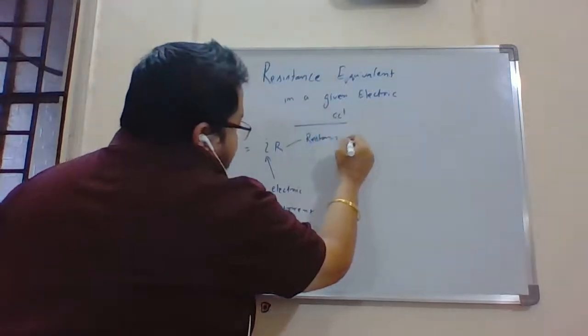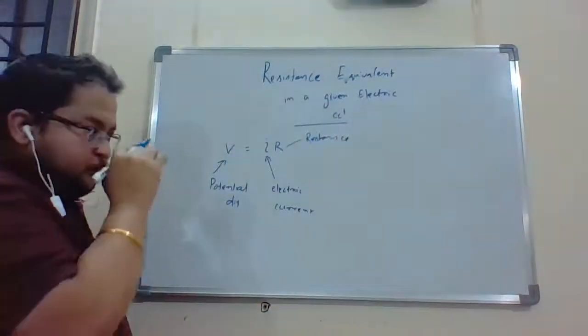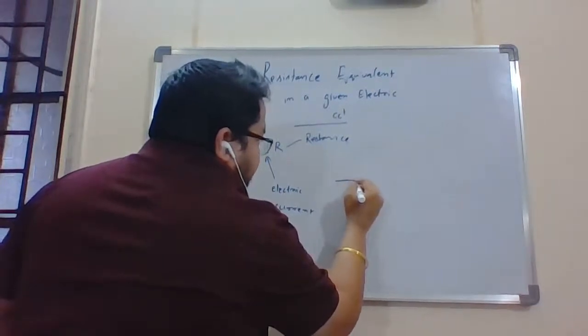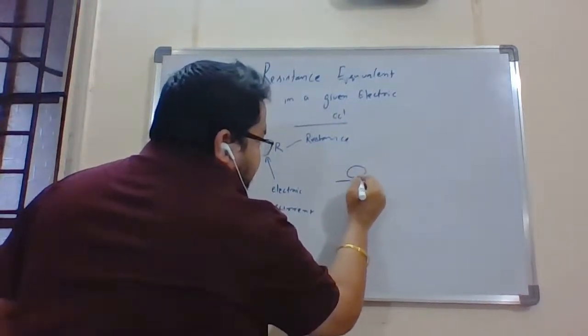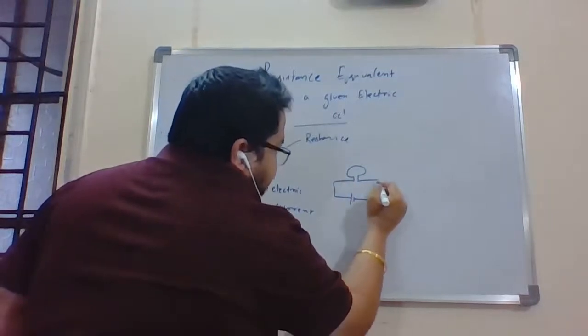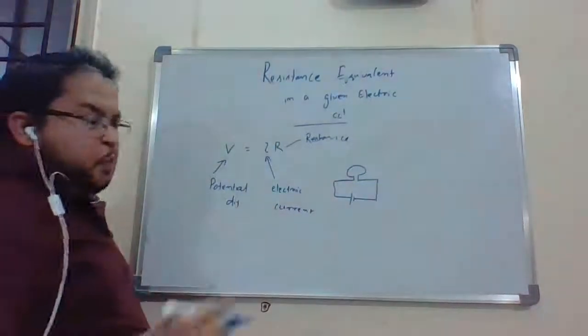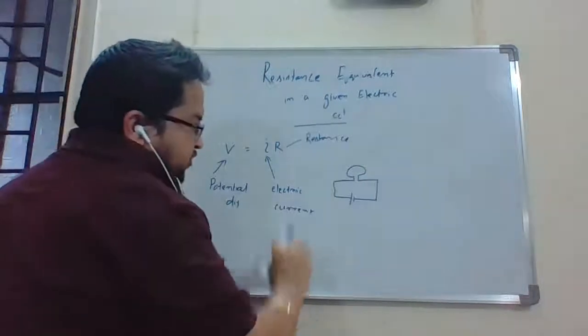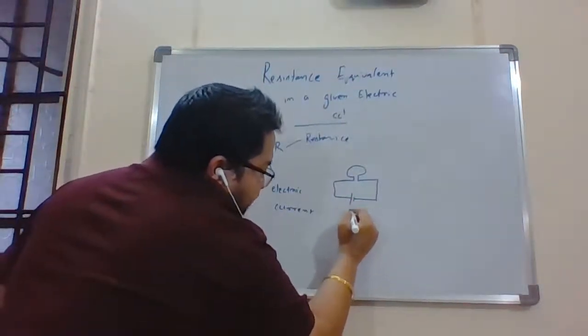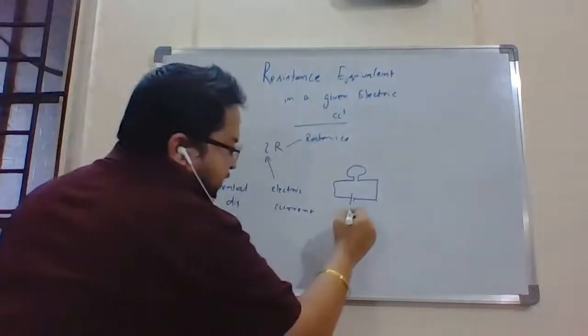So suppose I connect a bulb in an electrical circuit. Say I attach a cell to the bulb, assuming that this produces a potential difference of 5 volt.